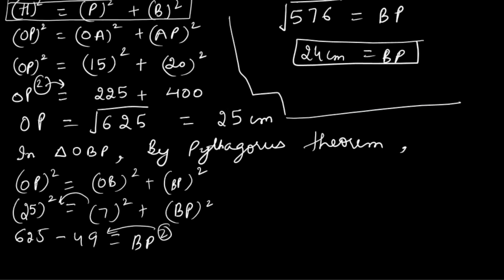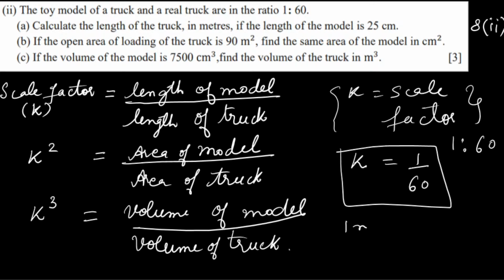So you should know the meter and centimeter conversion: 1 meter is equal to 100 centimeter. When converting meter to centimeter, meter is a bigger unit, so bigger unit means multiplication.